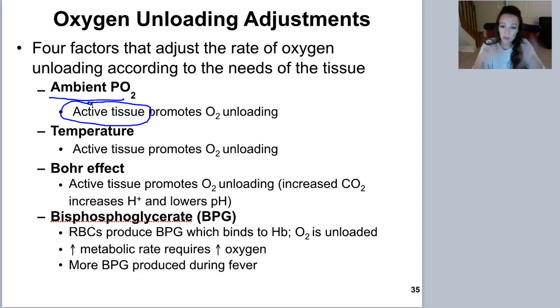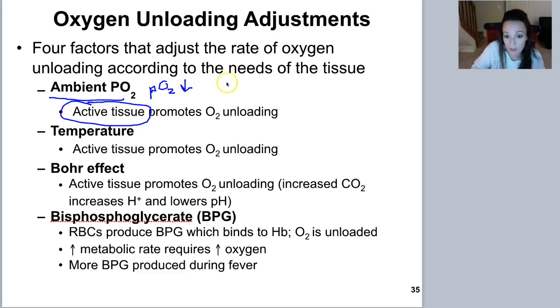If that tissue is consuming all the oxygen in there, then the partial pressure of oxygen will be low in a very active tissue. And remember, we said the partial pressure gradient between the blood and the tissue is what actually drives the oxygen to move into the tissue.